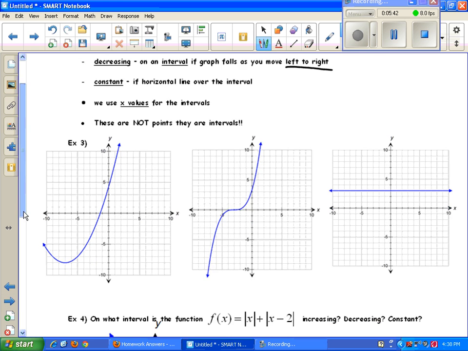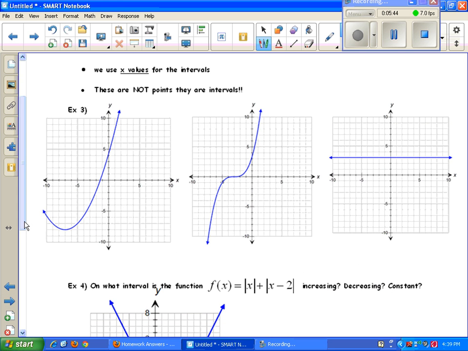So always do that. If we look at this first graph that we have here, it kind of looks like a parabola. Remember that the key for this is that we want to look at what's happening as the graph moves from left to right. So I'm going to get myself a line here to show you.